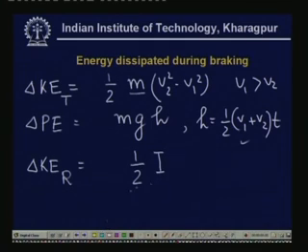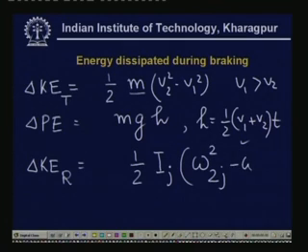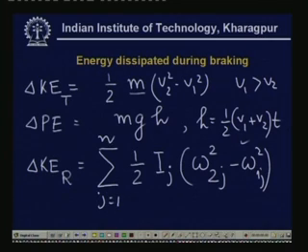So, for the jth component, let us say this is Ij, and the change is omega 2j squared, that is the angular speed of the jth component after braking, minus omega 1j squared, the angular speed of the jth component before braking. So, this is the change in rotational kinetic energy of the rotating parts. So, we have to sum 1 to n, suppose there are n such components.